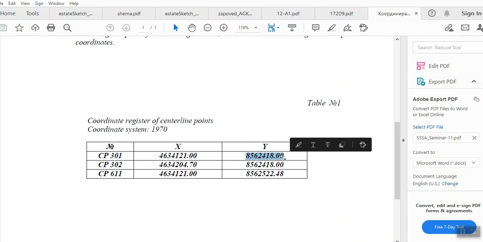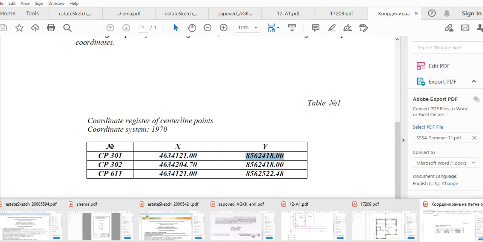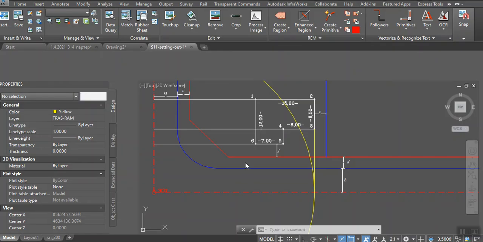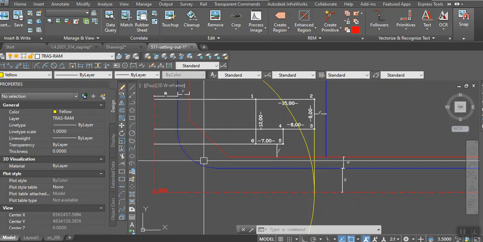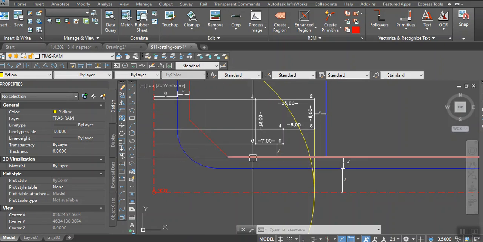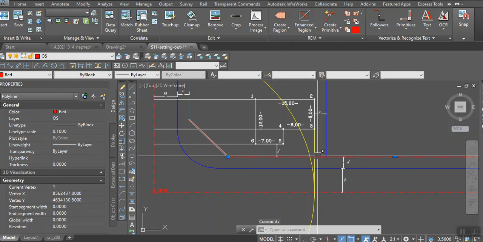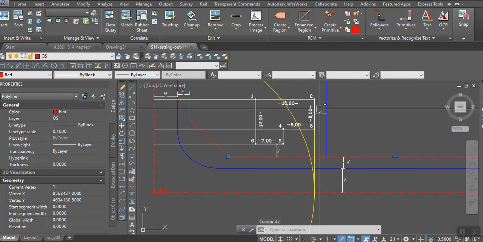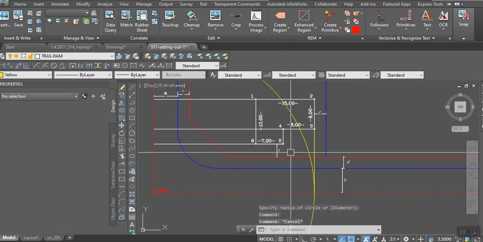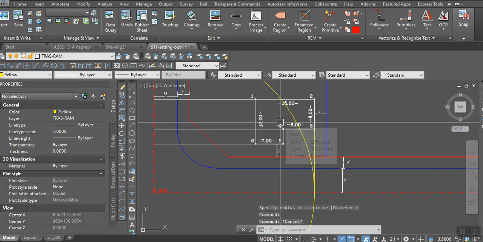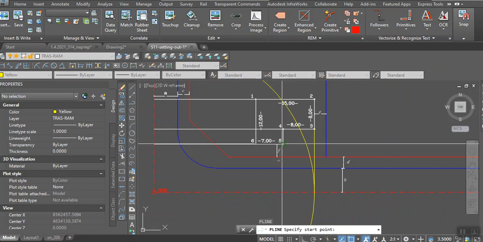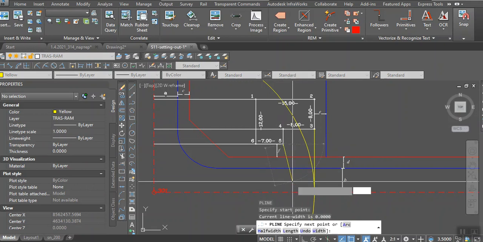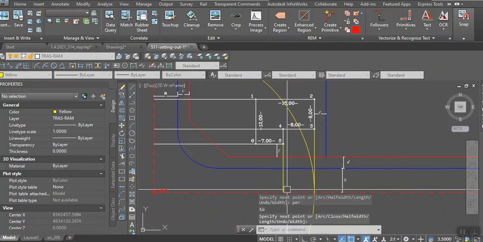So y of the certain line point plus a plus c plus 10 meters plus 25 meters this side here minus e. After that, the next 2 points, points 4 and 5, are going to have the same value for coordinate y, and it is going to be absolutely the same.